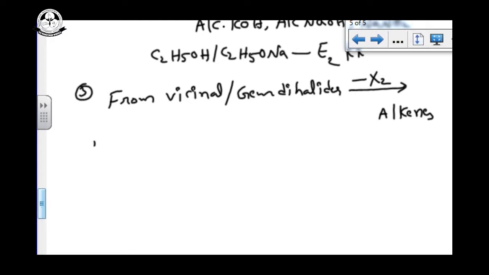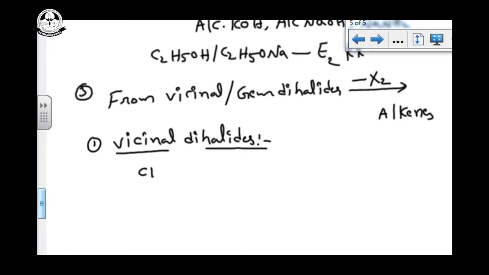First we are going to see the vicinal dihalides. Vicinal dihalides means adjacent carbons are having halogens.